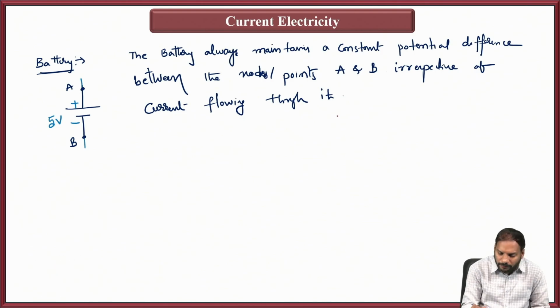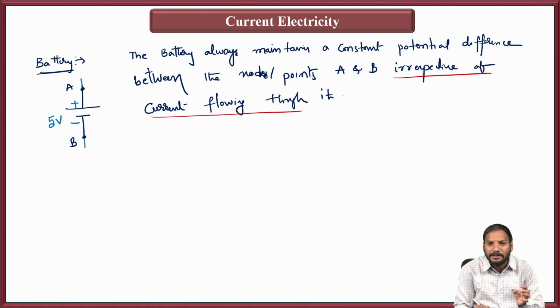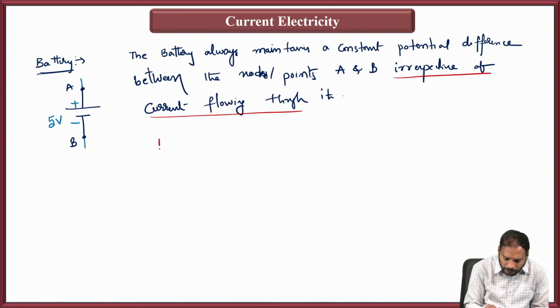Irrespective of the current flowing through it, it has to strictly maintain the potential difference of 5 volts between the terminals A and B. The logic is very simple.